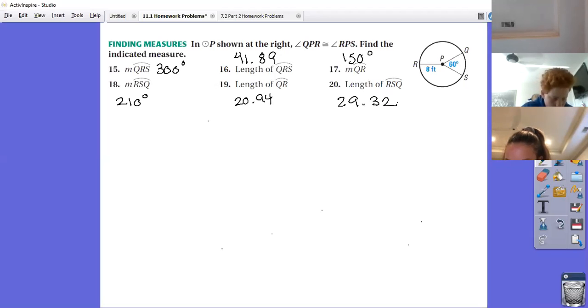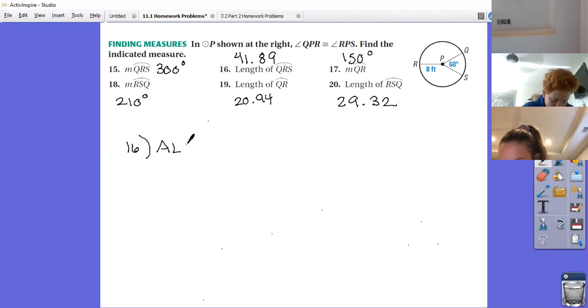Number 16, please. Okay. All right, so number 16 is asking for the arc length of QRS. And so we know angle QRS is 300.